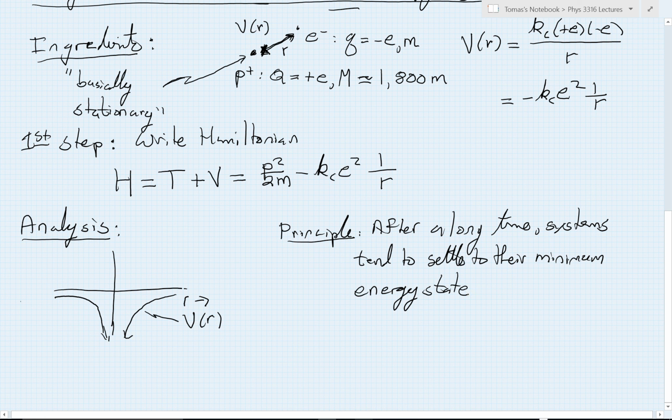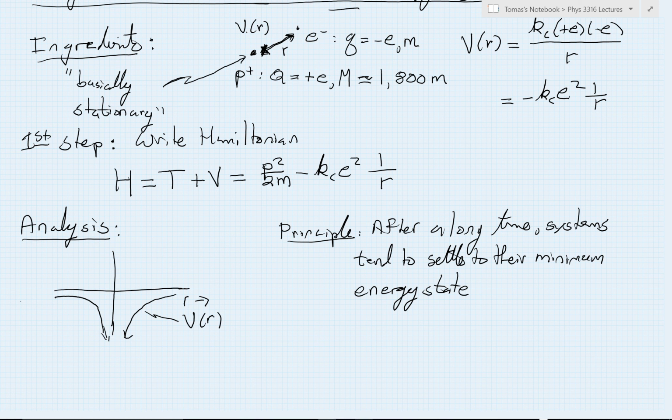So you guys may be familiar with, and that's just a general principle of physics, right? If we have a system, when we first build it, it might be in some excited state, right, that has some extra energy to it. But over time, one way or another, by hook or by crook, the system is going to tend to lose energy to its environment until it gets to the point where it can no longer lose any energy, when it's reached its actual minimum possible energy configuration.